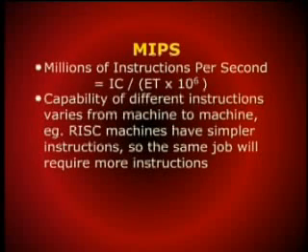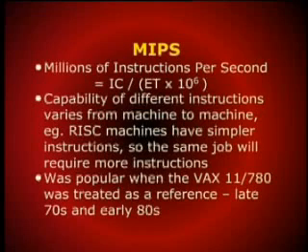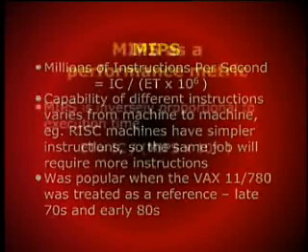For example, RISC machines have simpler instructions, so the same job will require more instructions. Now, this index was quite popular when the VAX series of machines were primarily used, and VAX 11/780 was treated as a reference. This was so in the late 70s and early 80s.